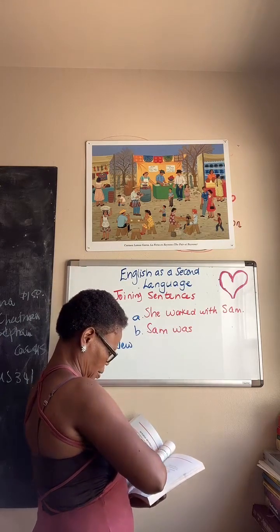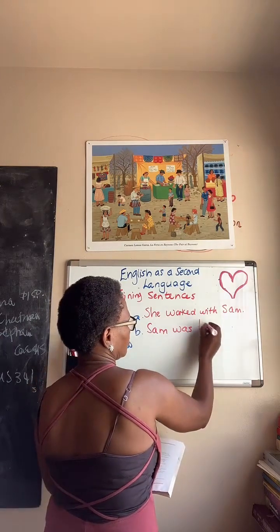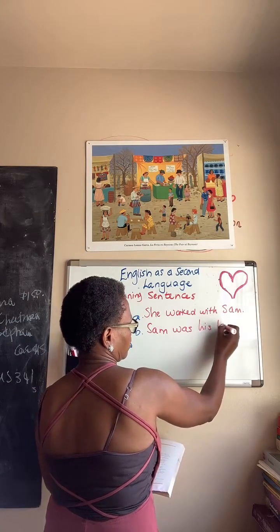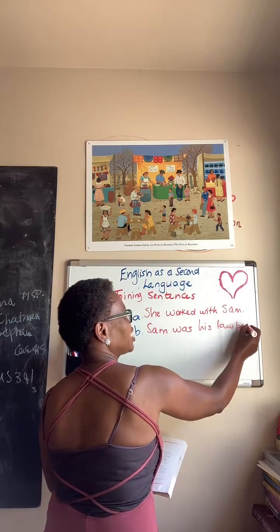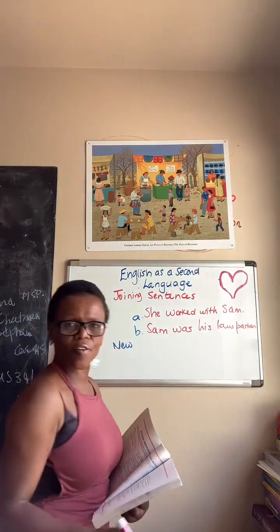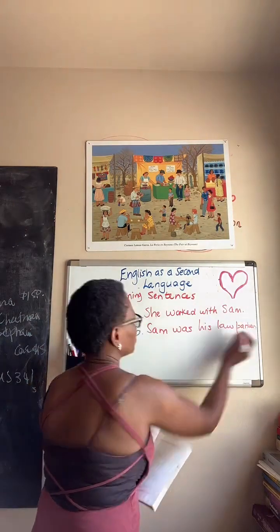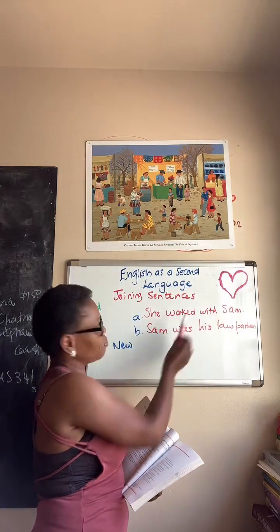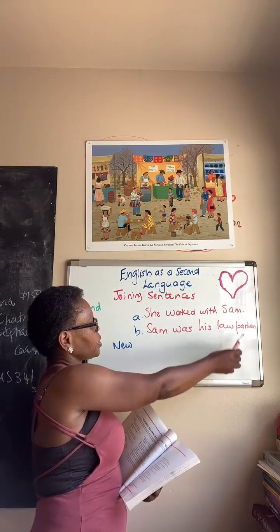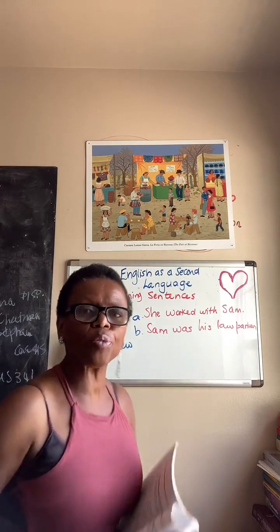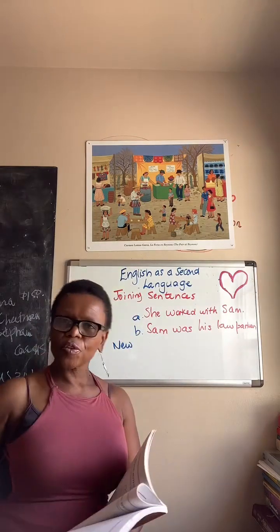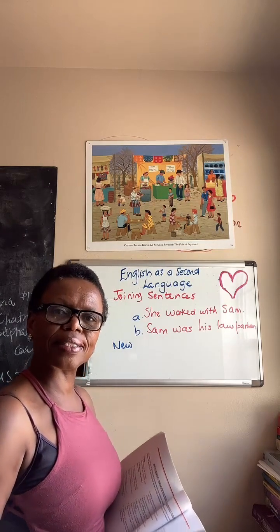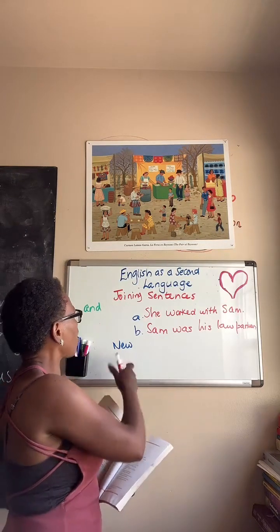Sam was his law partner. Sorry, I don't have enough space. All right. She worked with Sam. Sam was his law partner. How would you bring the two together? How would you bring the two sentences using a comma?